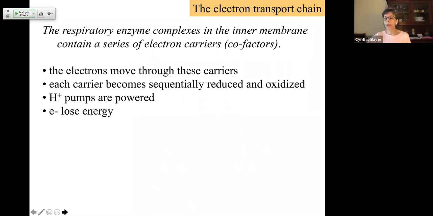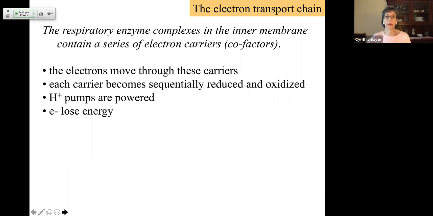So what is the actual movement? What do we mean by this electron transport chain? Each of those complexes is a protein complex. They're sitting next to each other in the inner membrane, just like we saw in the video. The complexes themselves contain the actual electron carriers that are cofactors.